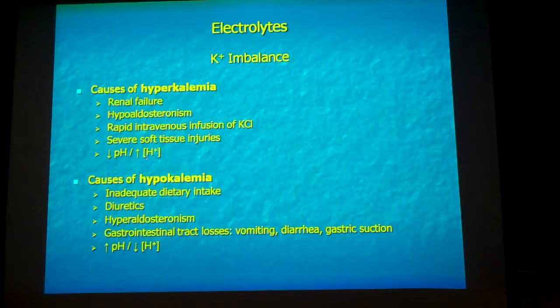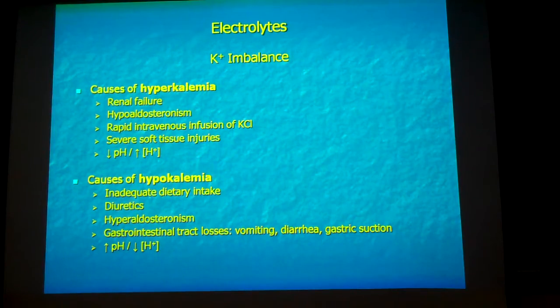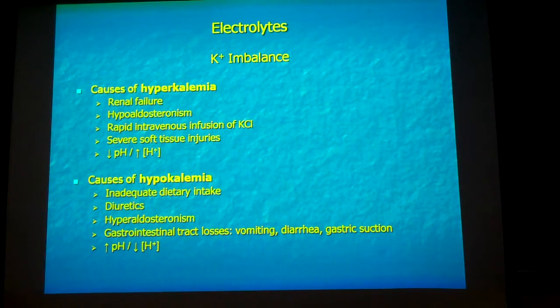That you have an increase in hydrogen ions in blood. When that happens, some of those hydrogen ions tend to go into cells in exchange for potassium ions, which come out of cells into the blood and cause blood potassium levels to go up.